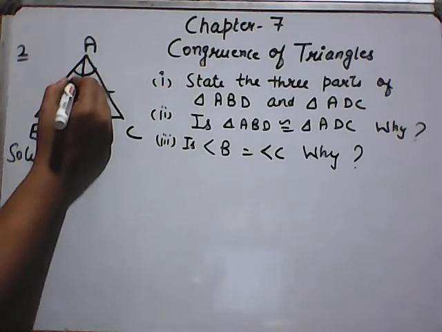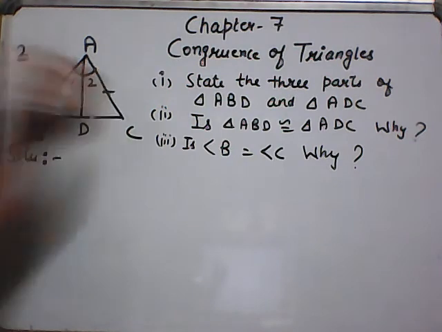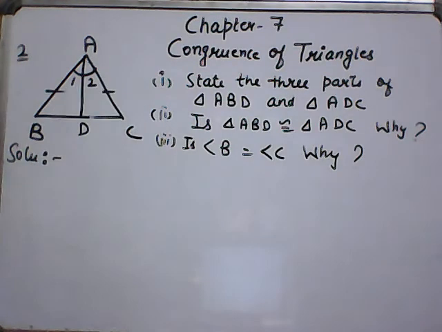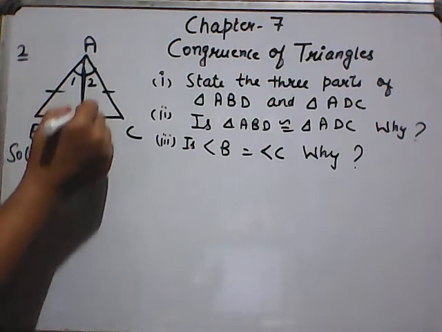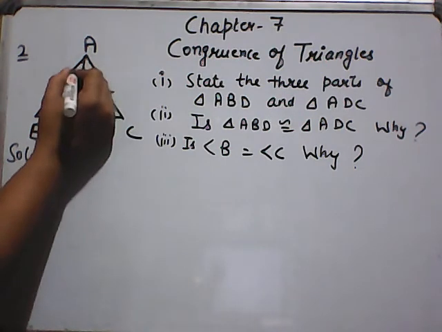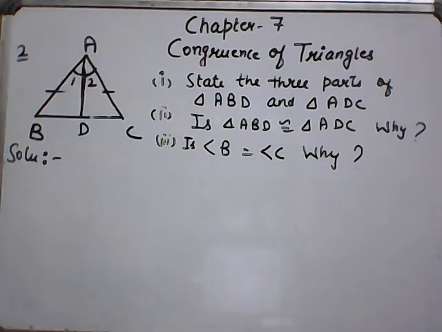That means angle 1 is equal to angle 2. Angle 1 is equal to angle 2. AD is the bisector. Bisector means it divides angle A into two equal parts. Now you have to find out the three equal parts of these two triangles, triangle ABD and triangle ADC.